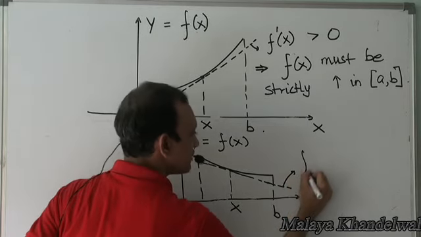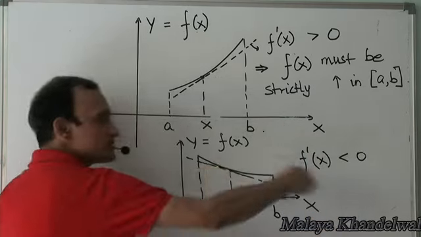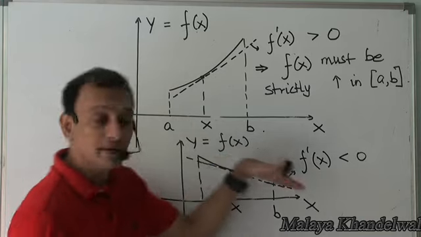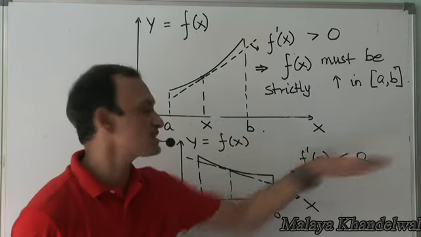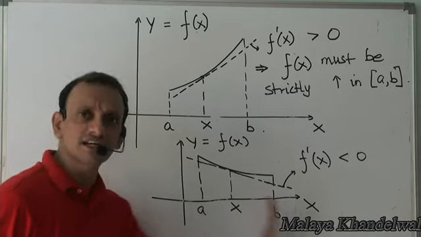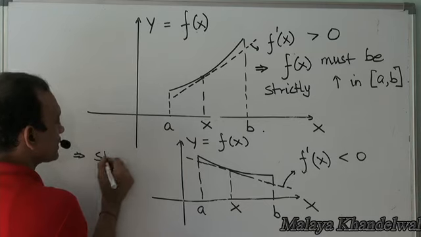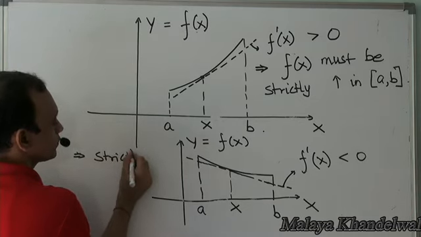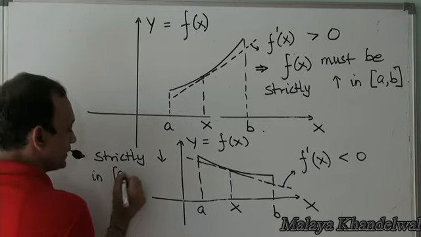For any given x, f dash x is less than 0. This tangent makes an obtuse angle with the positive direction of the x-axis, and if you find that f dash x is less than 0 for all x in the interval a to b, then you can conclude that the function must be strictly decreasing in the interval a to b.